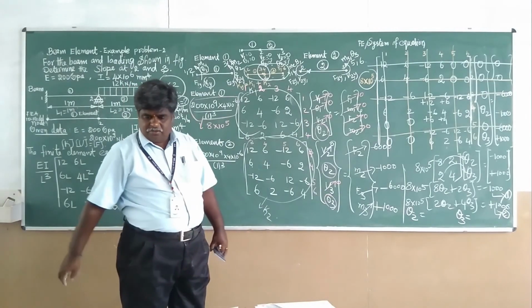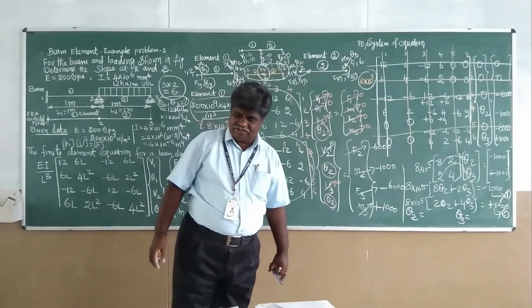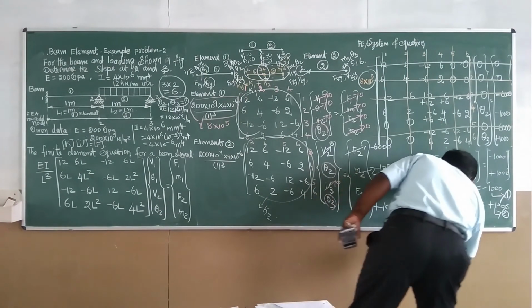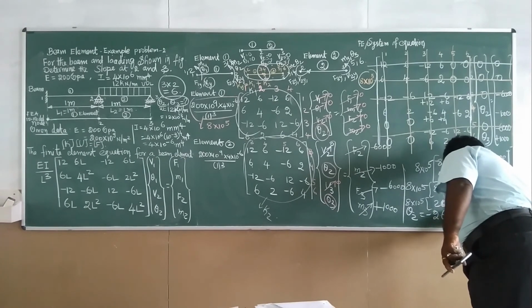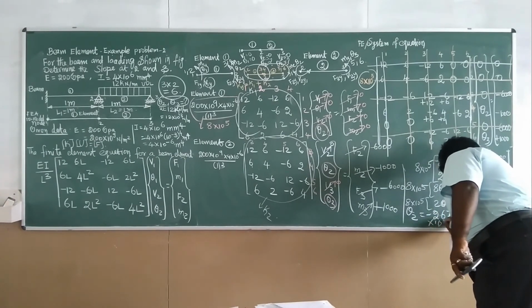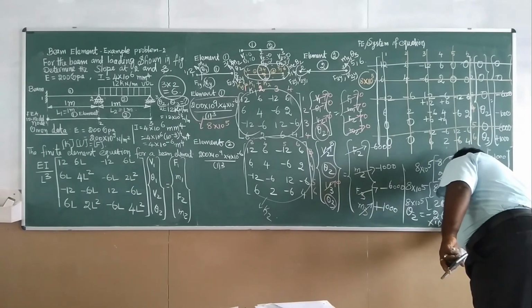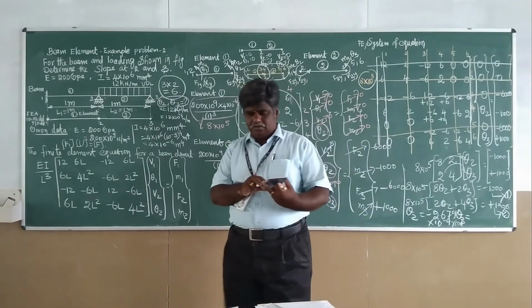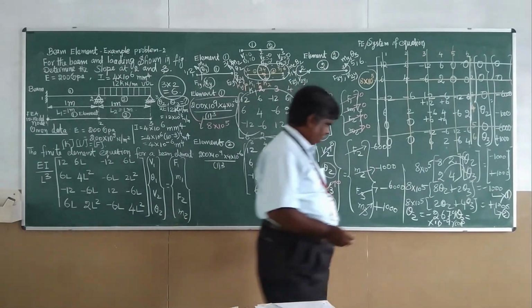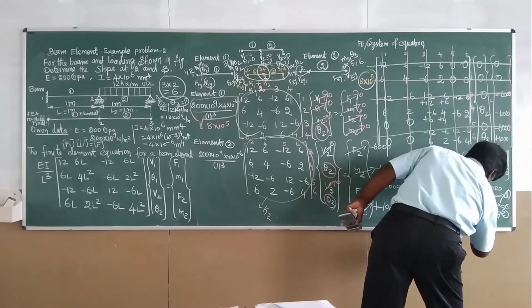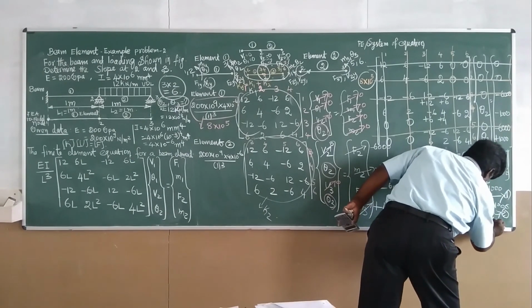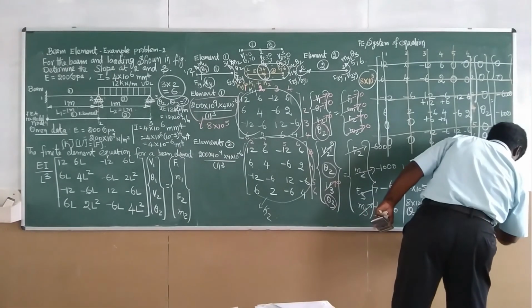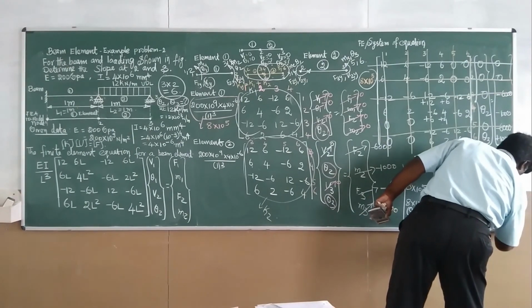Theta 2 is minus 2.679 into 10 power minus 4, the unit is radian. Similarly, theta 3 value is positive 4.464 into 10 power minus 4 radian.